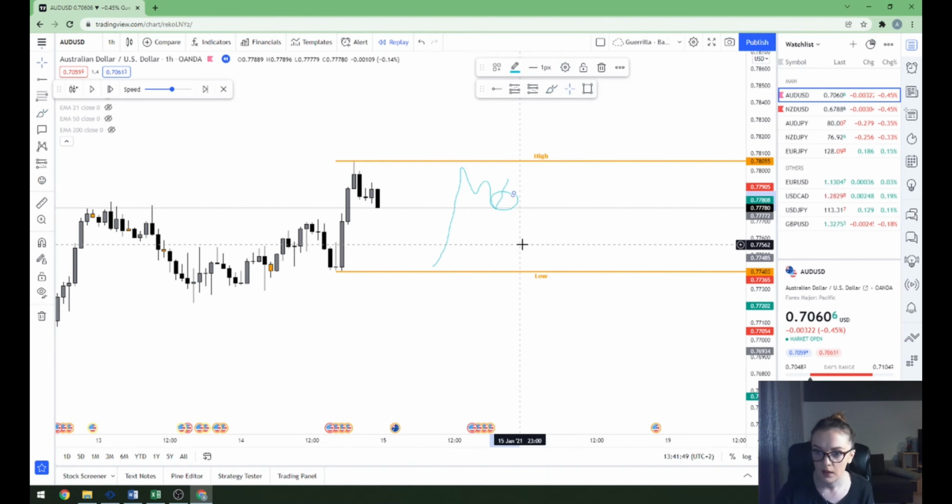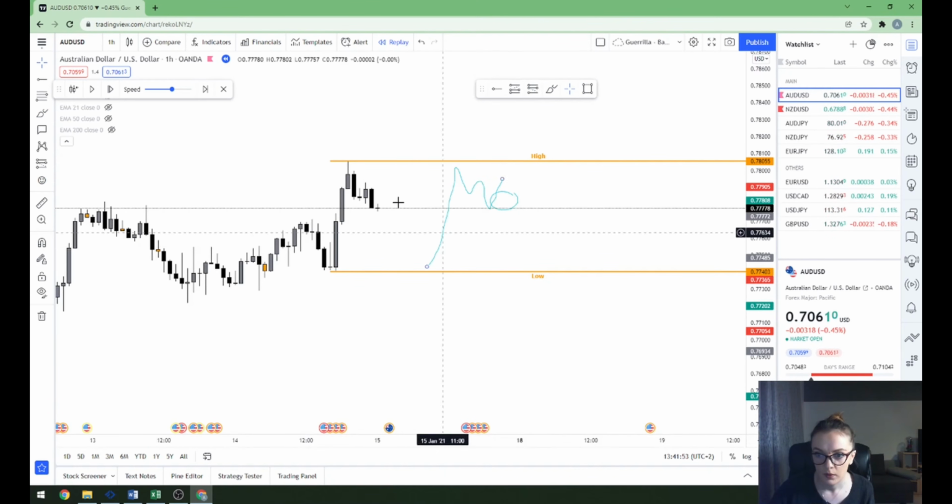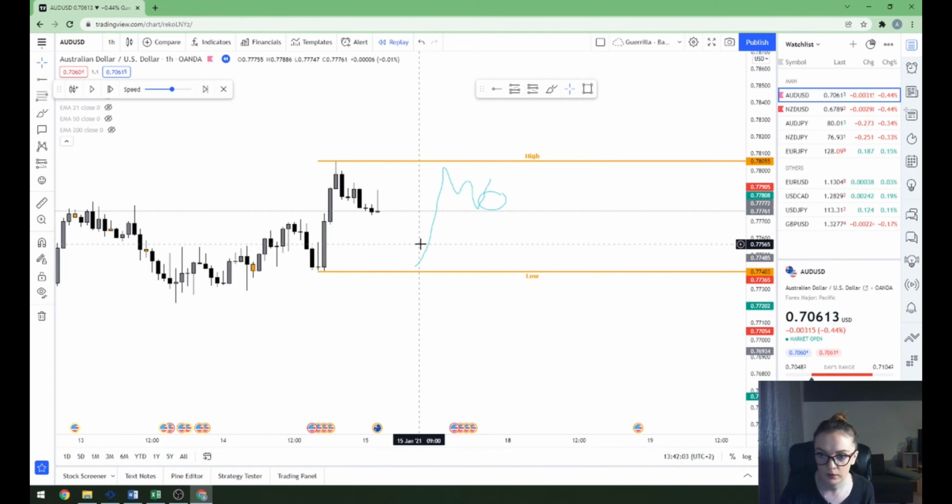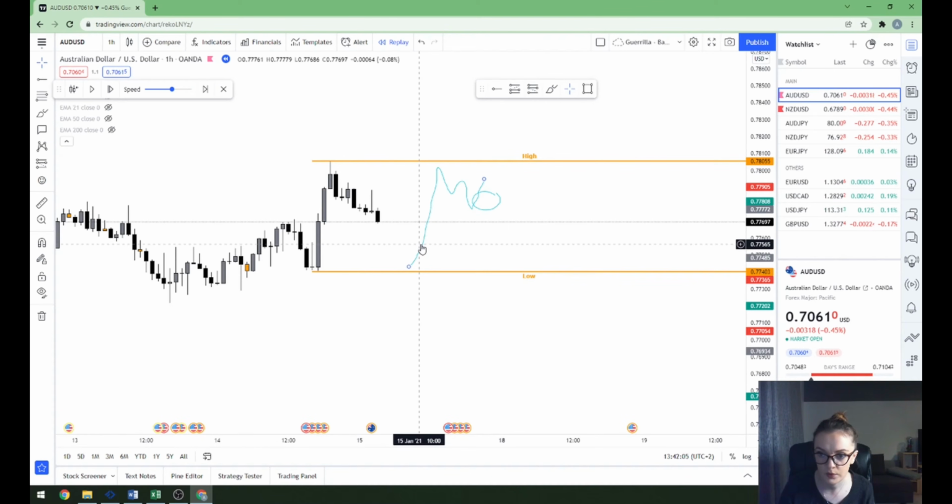And let's see what will happen. So we've got here the first low. It's still here. Okay, we've got a new high, a new low. So now at the counter trend candle, we might enter into this position.